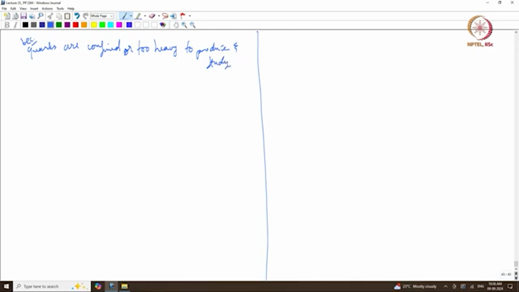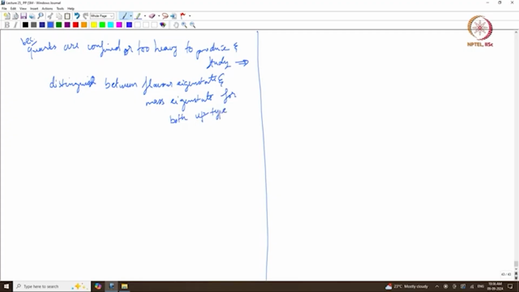So that means it made sense to distinguish between the flavor eigenstate and the mass eigenstate for both up type and down type quarks.